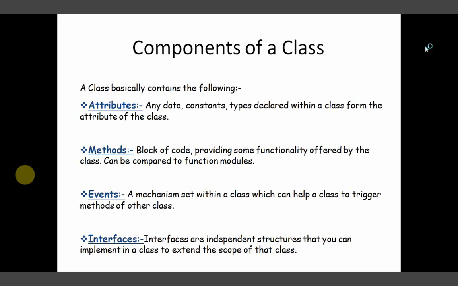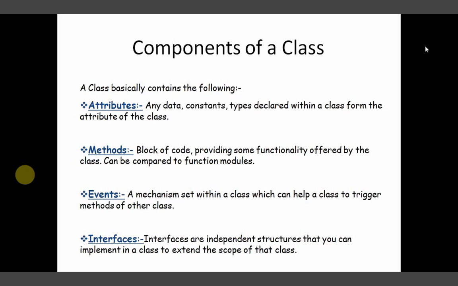And what are all the components of the class? If we want to create a class, what basically does a class contain? A class contains attributes and methods. As I told you earlier, an object is based on a class, and the object contains data and methods.